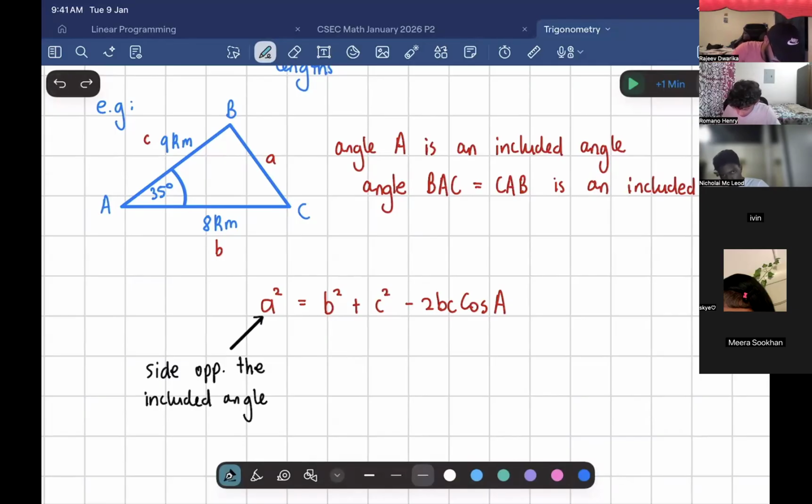And you should know that B and C are adjacent.